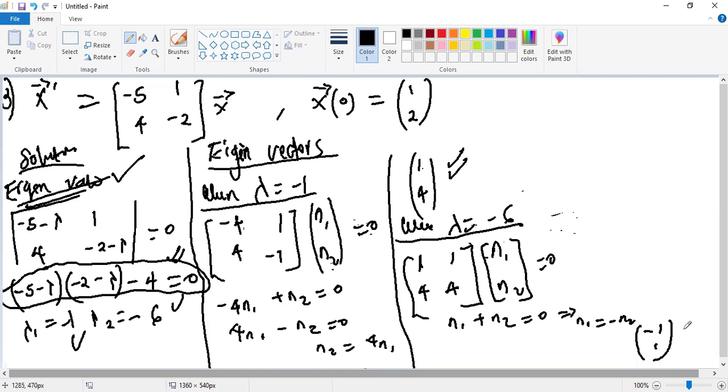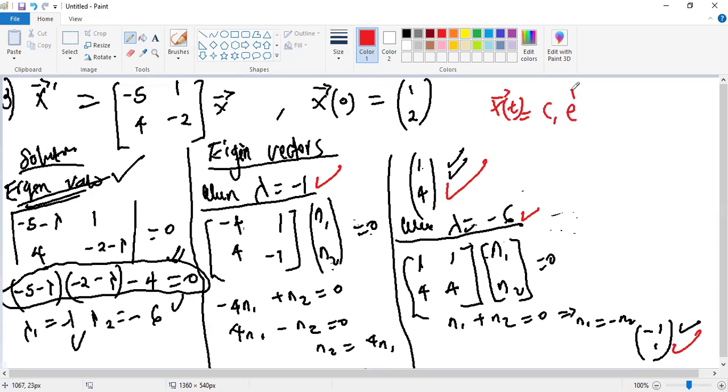Now we have this, let me use a different marker. So we have this, and we have -1, 1, and those are what we need in order for us to write the general solution, which is C1 exponential lambda 1 t n1 plus C2 exponential lambda 2 t n2.